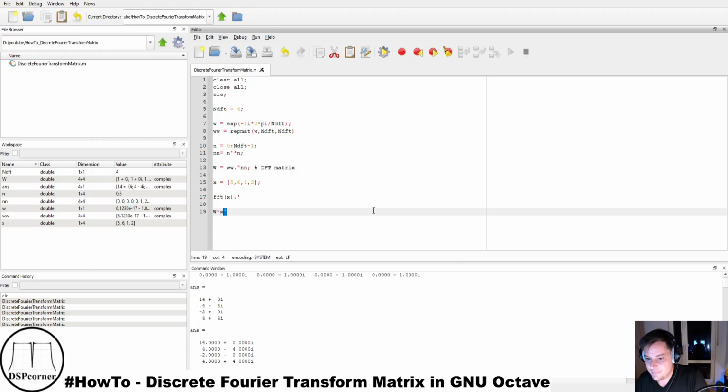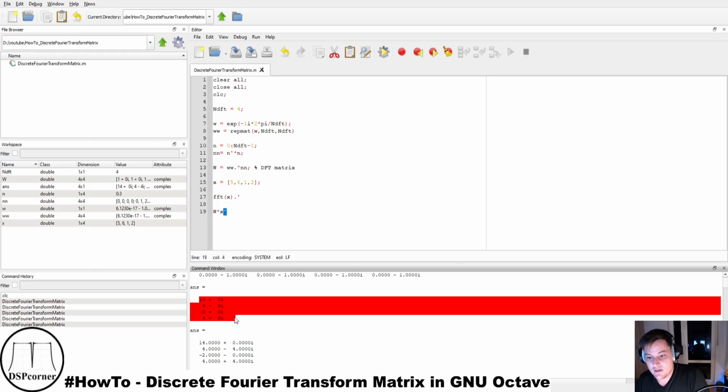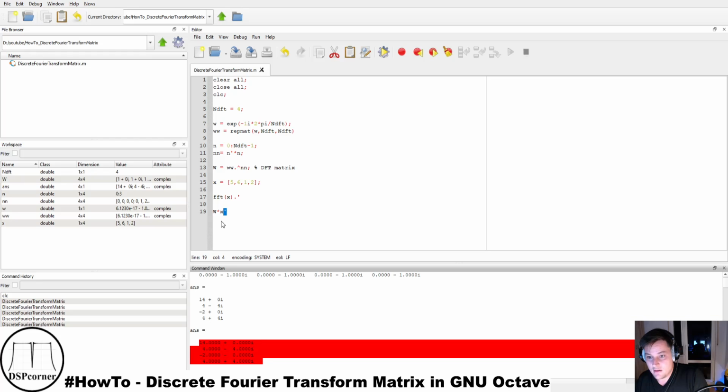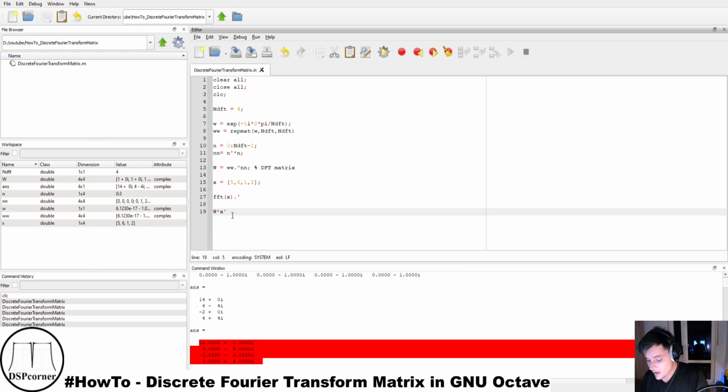Let's fire it up, and as we can see we get exactly the same output as if we had used the FFT. And we can also go the other way around.